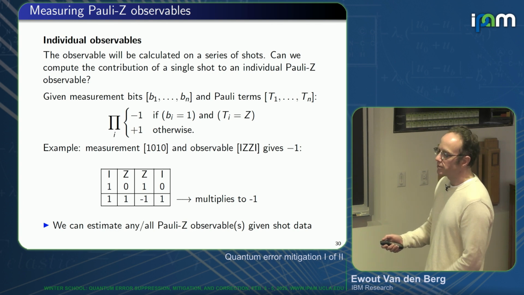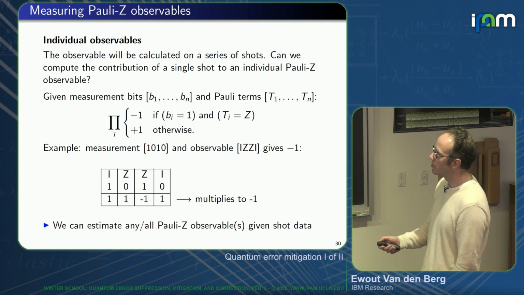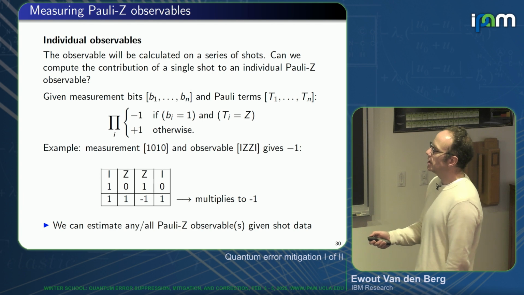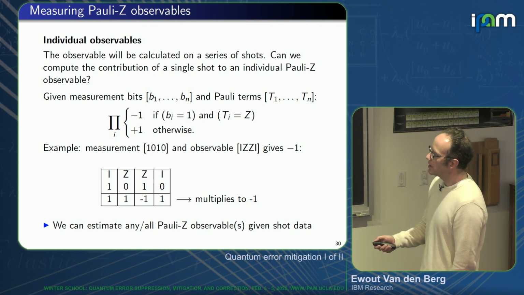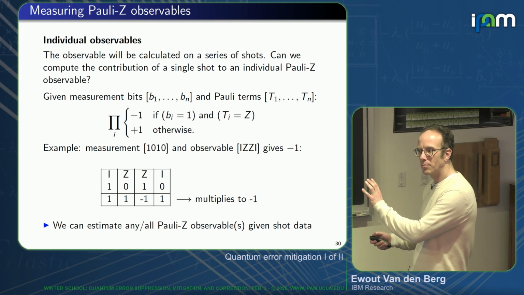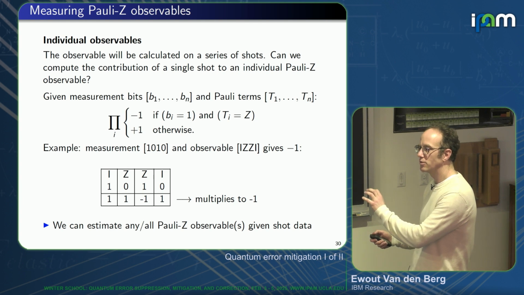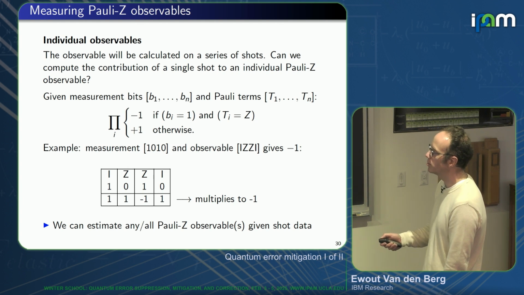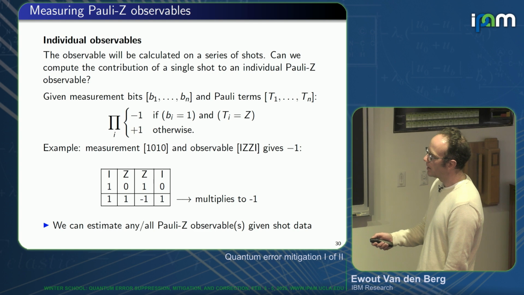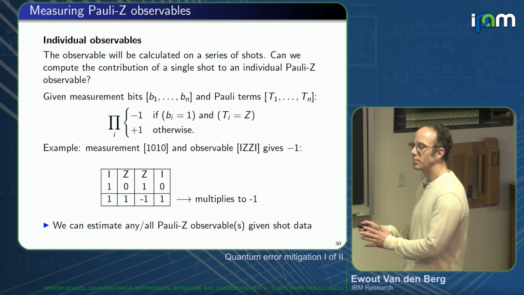So if I have a single shot that has bits 1 to n, and some Pauli terms that are either I or Z, because we want to measure Pauli Z, then you can see that if the bit is 0, you pretty much measure the upper left diagonal element of the operator, which is always 1, so that will be a +1. The only time you have a -1 contribution is if your bit is 1 and your corresponding Pauli term is Z.